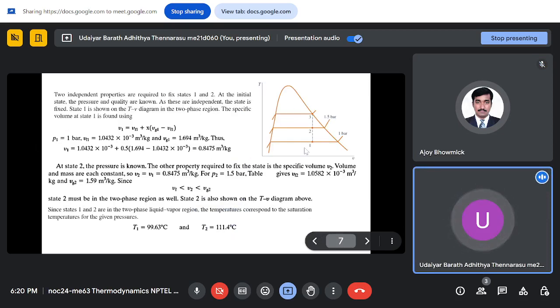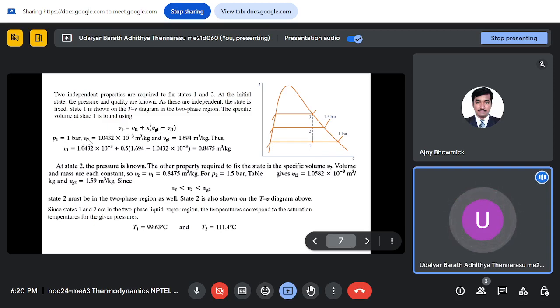We are representing a T-v diagram because your volume is constant and the mass contained in the container will be the same, so your specific volume is the same. Your v1, v2, v3, all specific volumes will be the same here. Initially we will find state 1. v1 is represented as vf1 plus x times the difference between the saturated liquid and saturated vapor specific volumes.